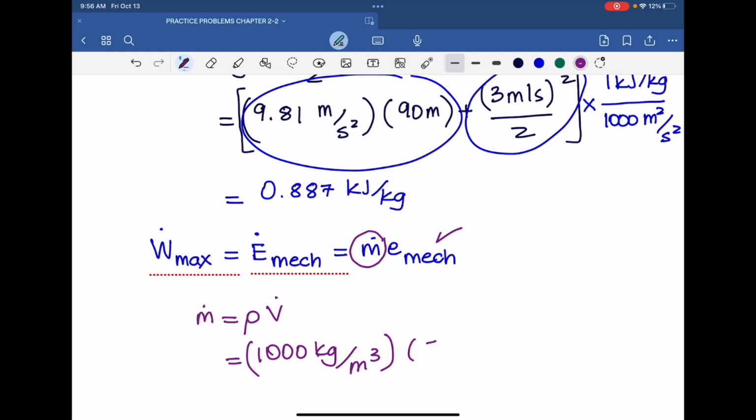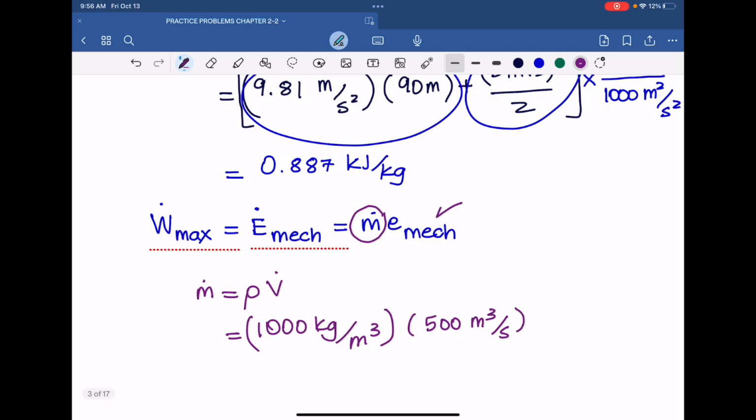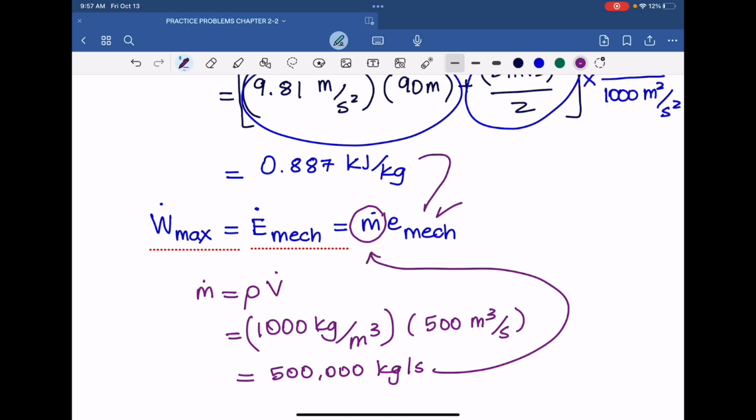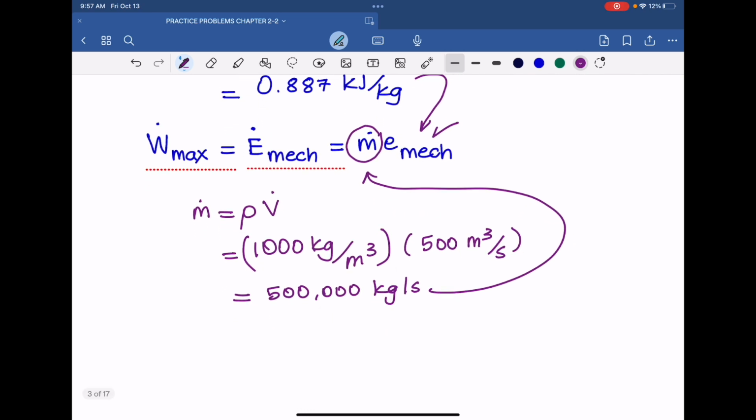Volumetric flow rate is 500 meter cube per second. They gave it to us, and this should tell us the mass flow rate should be 500,000 kilogram per second. Now we're going to plug this in and this in here and calculate our power potential.